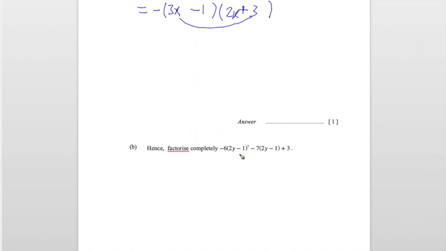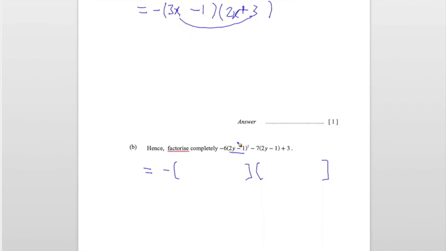Now if you look at the first part A, and the sum here, you notice that x is now replaced by 2y minus 1. Therefore, the solution, which is minus three x minus 1.